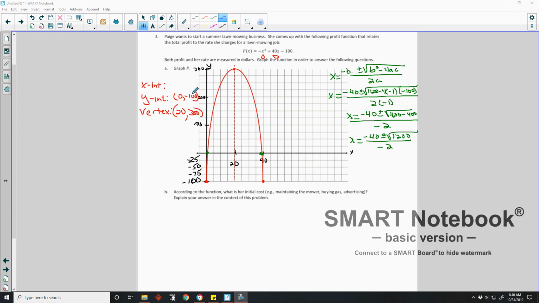If I mow 0 lawns, I make negative $100. So her initial cost is $100 because that's her y-intercept when x is 0. When she's mowed no lawns, she has spent $100 getting started with the lawnmower, the gas, and the advertising.